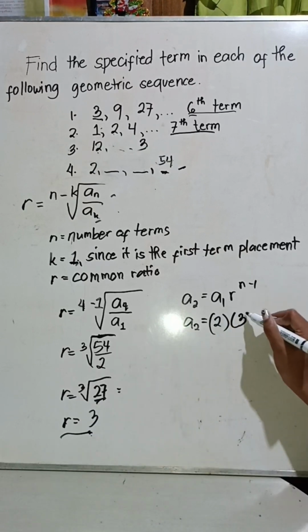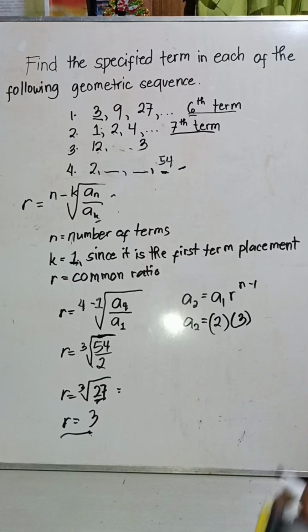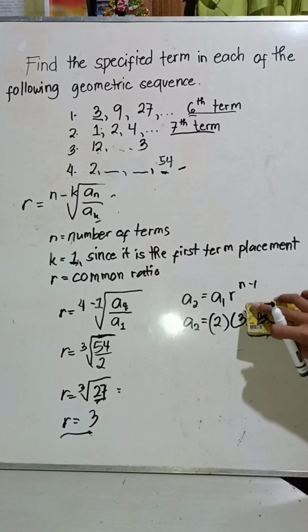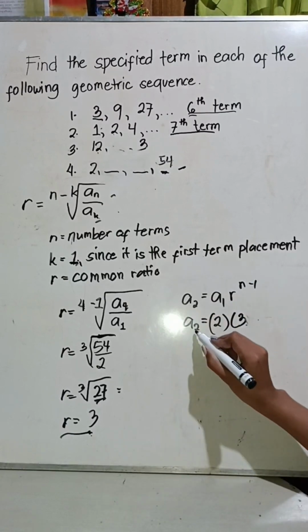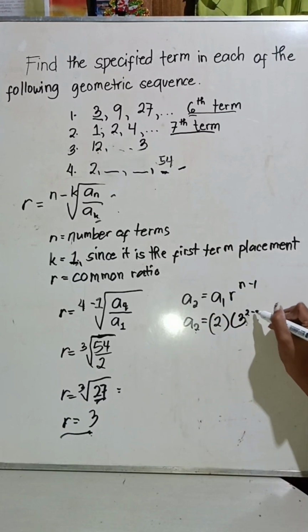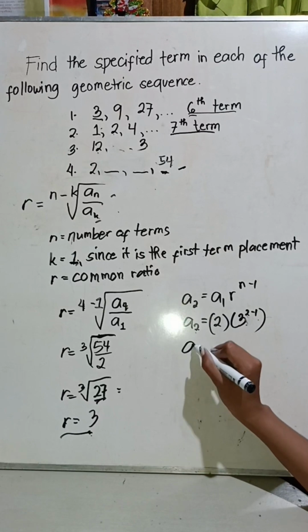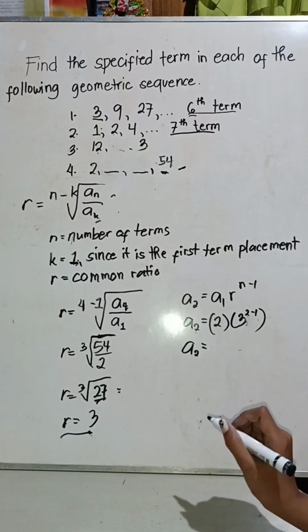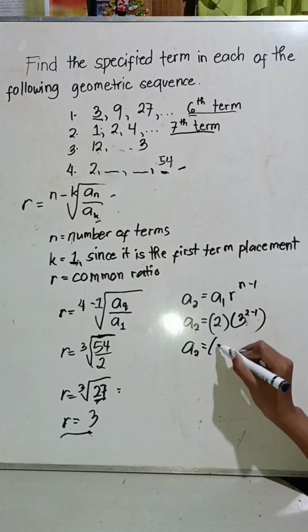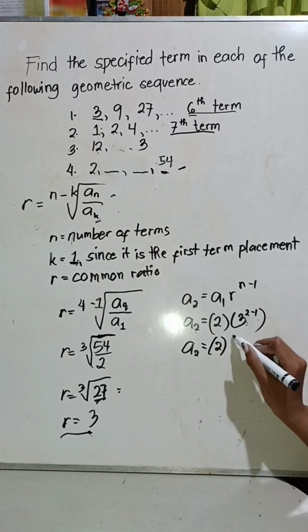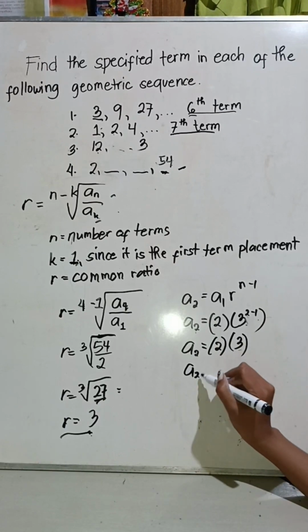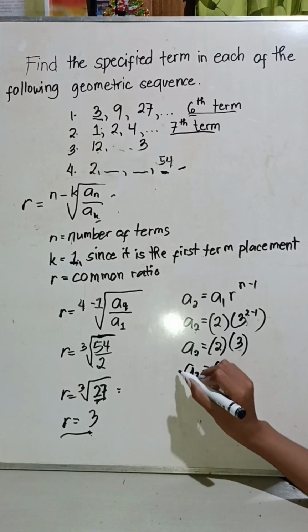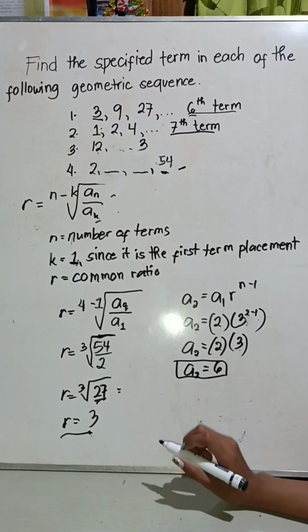Then our n is 2, since we are looking for the second term, so 2 minus 1. A sub 2 is equals to 2 times 3. So, 2 times 3 is equals to 6. So this is our second term.